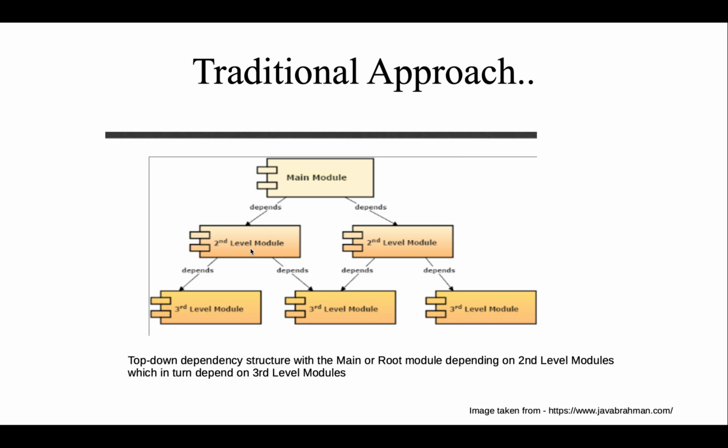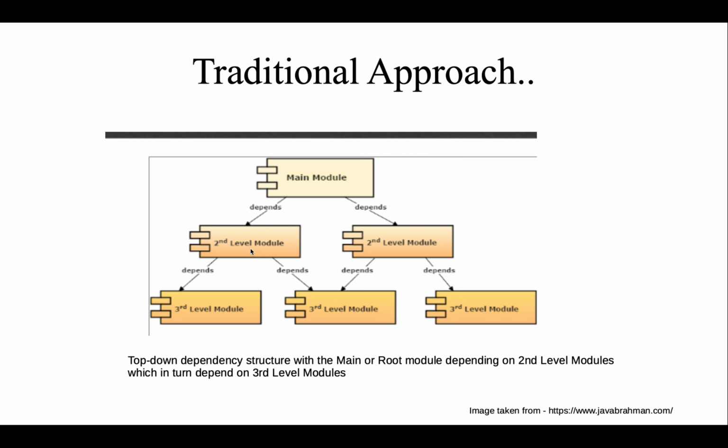So it was a top down dependency structure, and this was tight coupling. Whenever code in one module changes, it will reflect the changes into other modules. This was how we were developing code in a traditional or procedural oriented system.